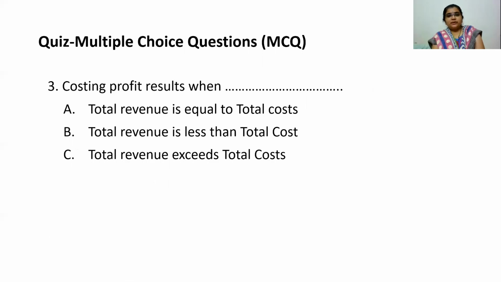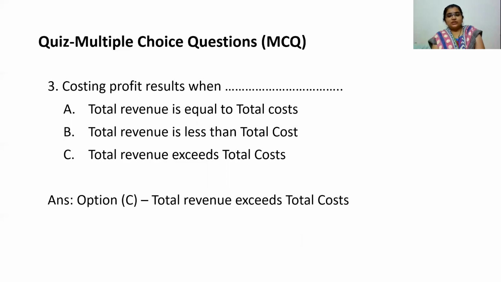Then we have another one: costing profit results when dash, that is total revenue is equal to total cost, or total revenue is less than total cost, or total revenue exceeds the total cost. That is the last option, when total revenue exceeds total cost.